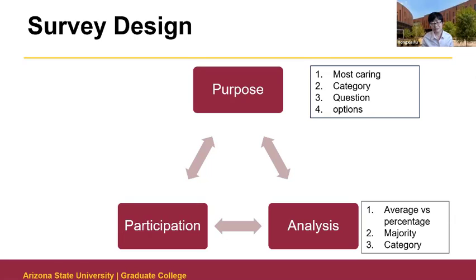Then the categories need to be clear. Just one point: do I really need this category or not? Then for the questions, of course, do I really need this question? How could I make this question concise, simple, with no confusion for readers? And for the options, what kind of scales do I need? Is it a single option, multiple options, or a scale?